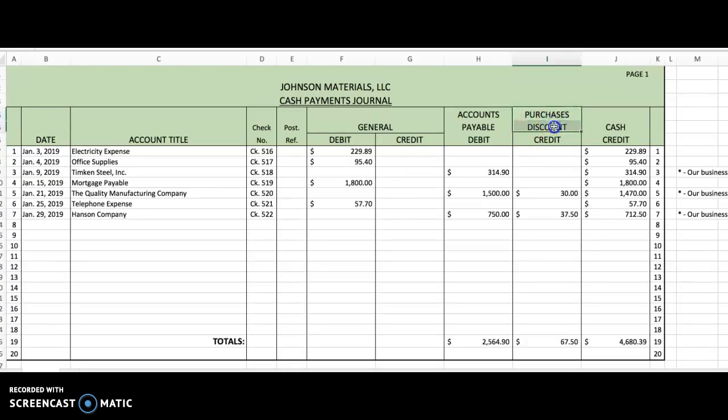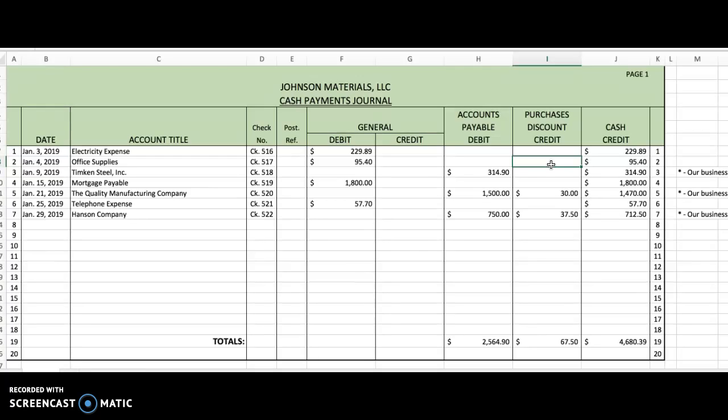Then a new column, this is called the purchases discount credit. This is basically the opposite viewpoint of the other account we had recently called the sales discount account. Companies will sometimes give customers a discount called a sales discount, and sometimes we, as a business, will receive a discount, and we call it a purchases discount.